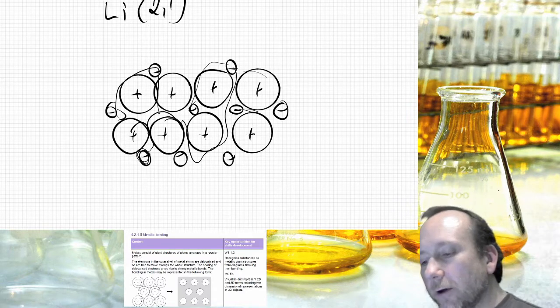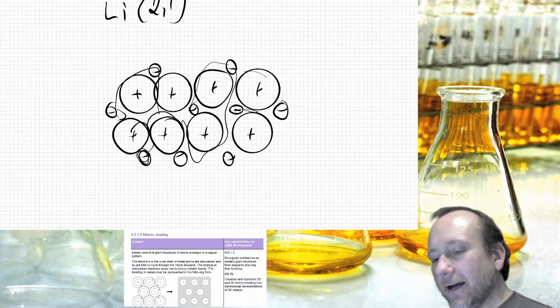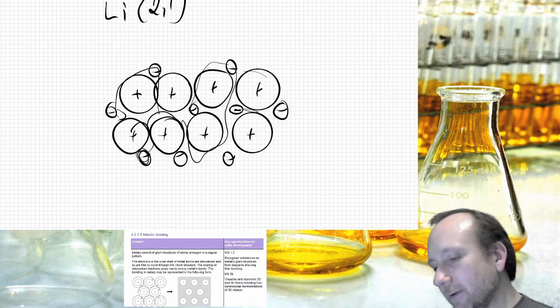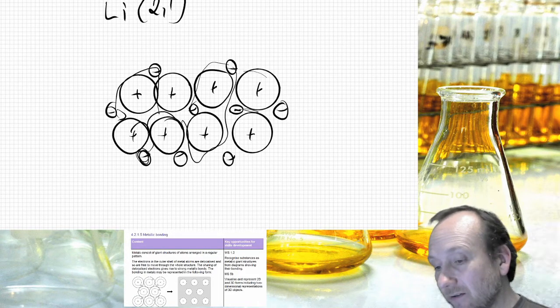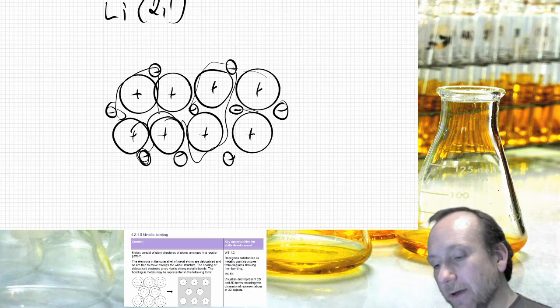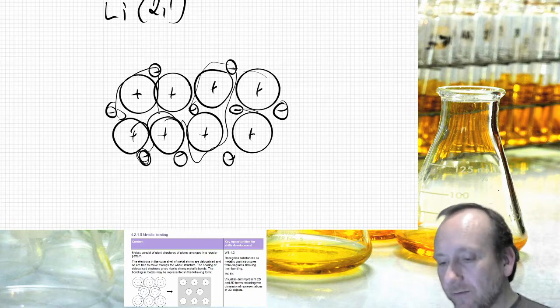For group 1 metals, that's actually a fairly weak bond. And you've got sodium melting at below 100 degrees, for example. And they become more easily meltable as you go down the group.